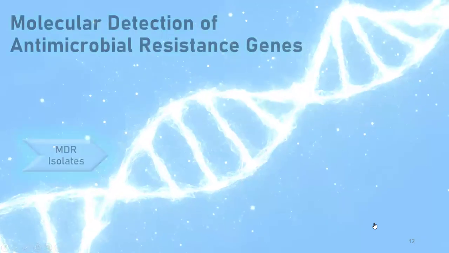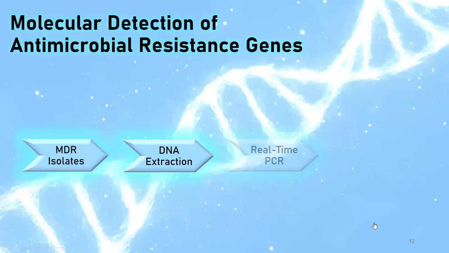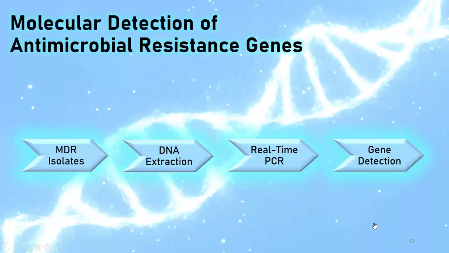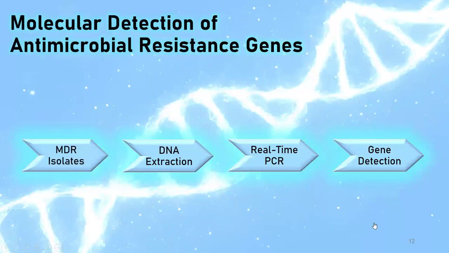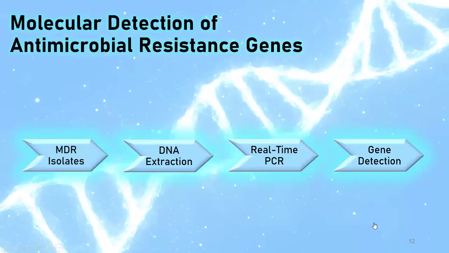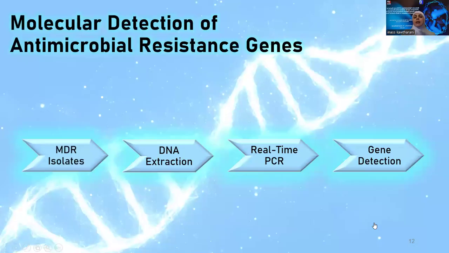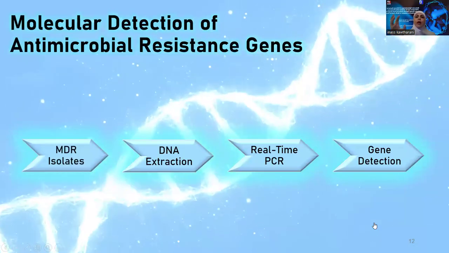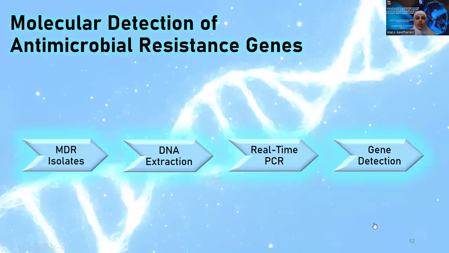In this part, many steps were performed. We started from the MDR multidrug resistance isolates, then extracted the DNA and performed the real-time PCR to detect the presence of specific resistance genes.